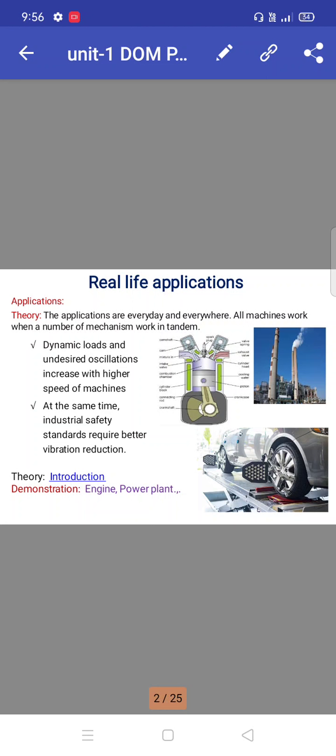If you go with much vibration, the total system will collapse in a particular period of time. So the examples are engine and power plant. These are the things we frequently use and analyze.